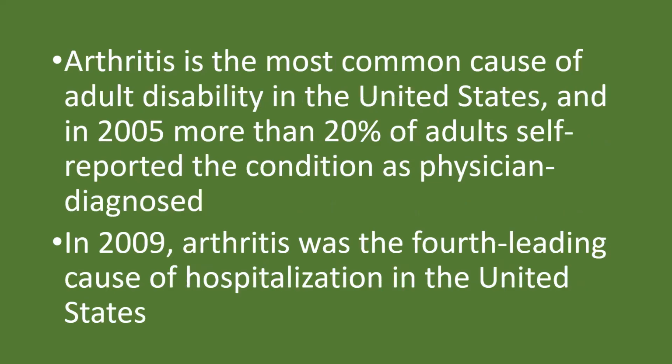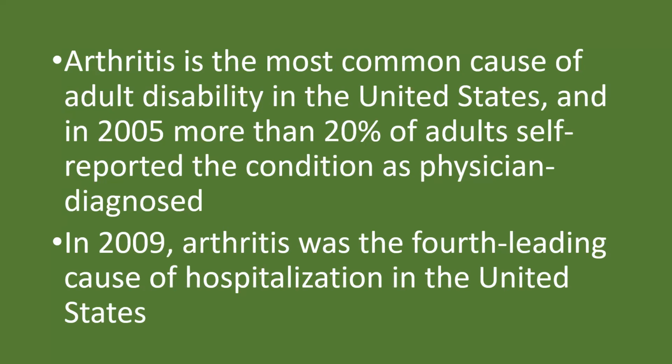Arthritis is the most common cause of adult disability in the United States. In 2005, more than 20% of adults self-reported the condition as physician diagnosed. In 2009, arthritis was the fourth leading cause of hospitalization in the United States.